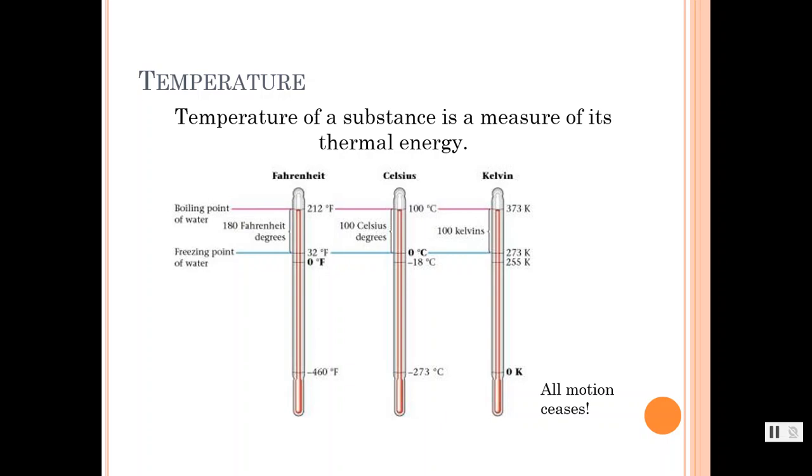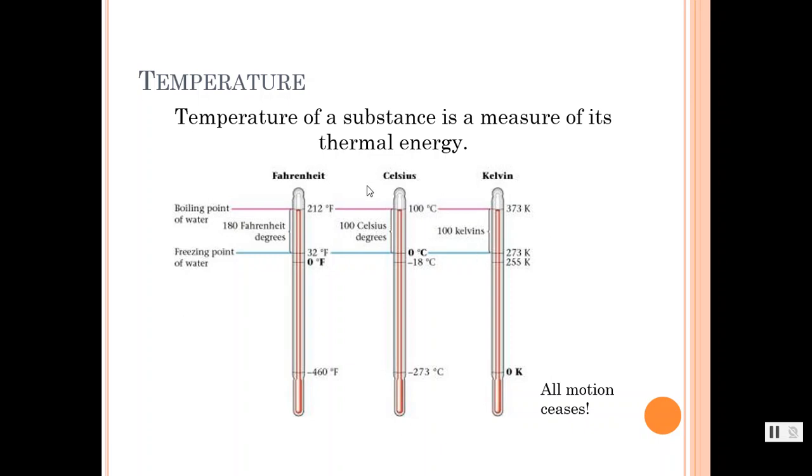So when we talk about how much thermal energy a substance has, that is a question that involves the temperature of that substance. There are three temperature scales, two of which you are probably already familiar with. The one that we Americans use when talking about the weather, recording temperatures here, is the Fahrenheit scale.